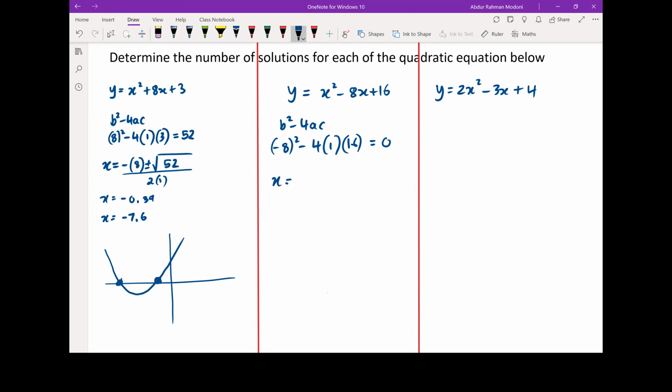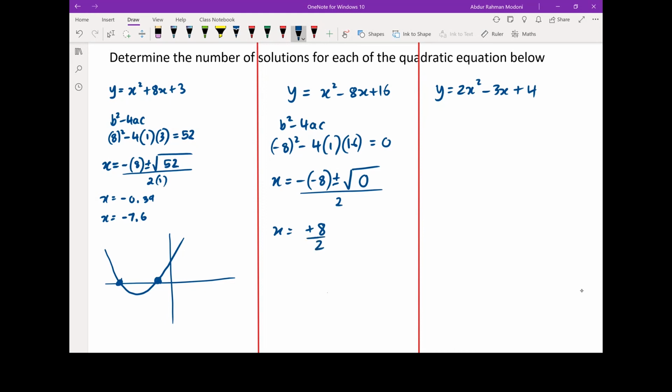So x is equal to minus b plus or minus square root of the discriminant, b squared minus 4ac, which we've already worked out to be 0, all over 2. Because it is plus or minus 0, we've got 8 plus or minus 0, which doesn't change anything, it's just 8 over 2.